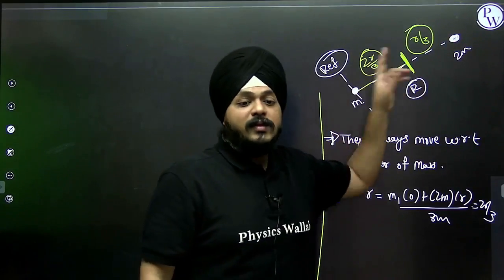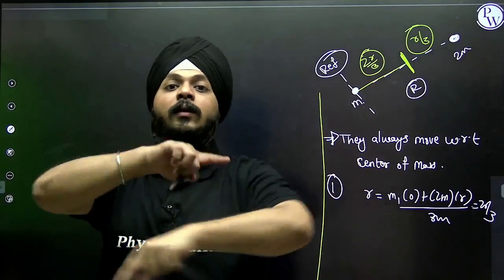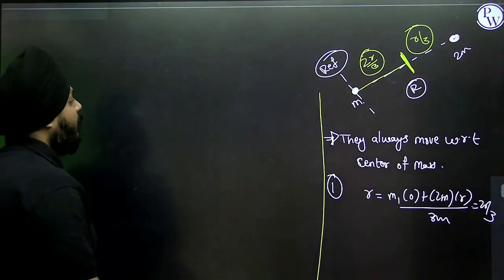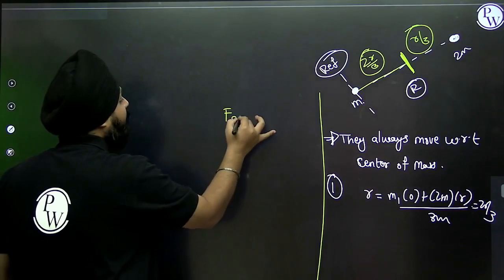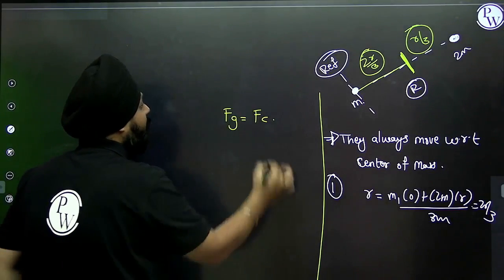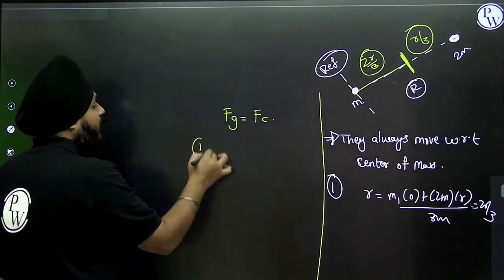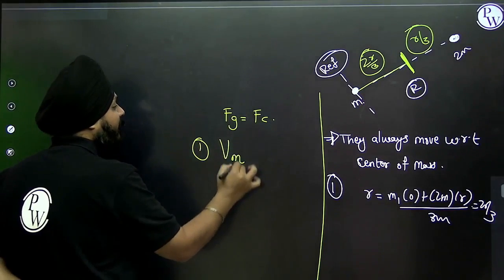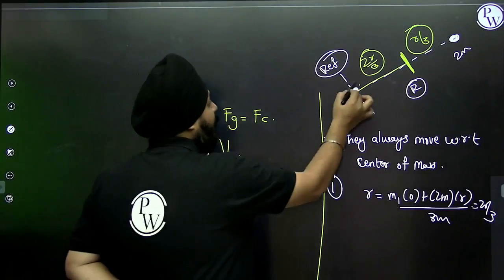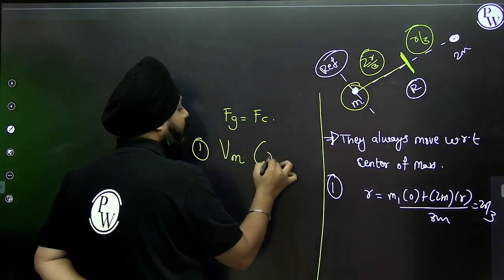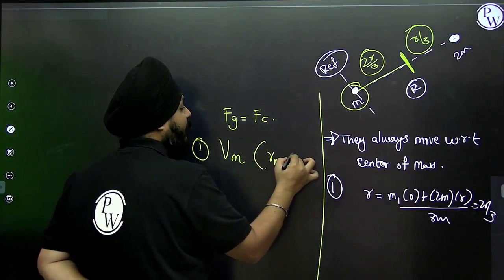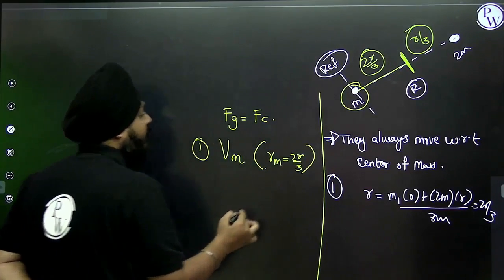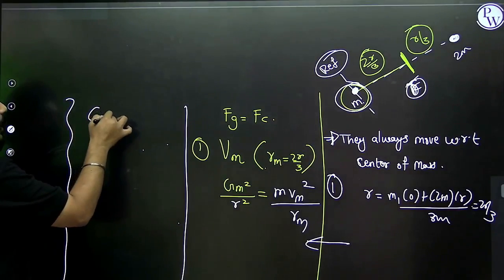With respect to this center of mass, they both are moving. Same concept: the gravitational force acting between them is providing the necessary centripetal force. What will be the velocity of mass m? If I am talking about mass m, what will be its radius? It is 2r by 3. Okay, see, G m 2m.